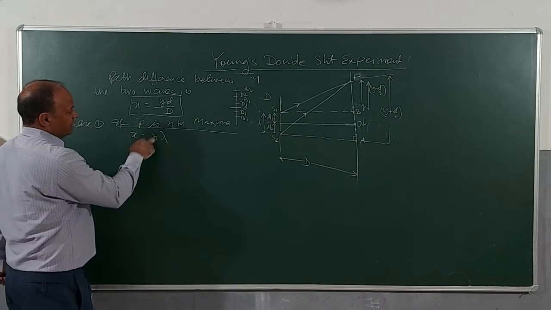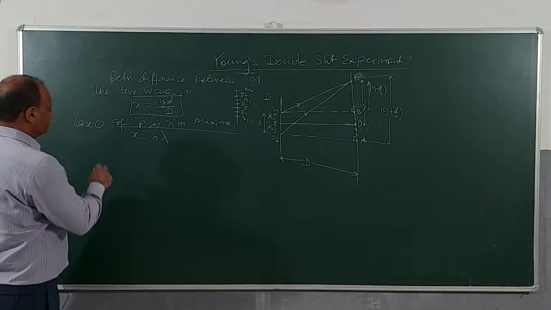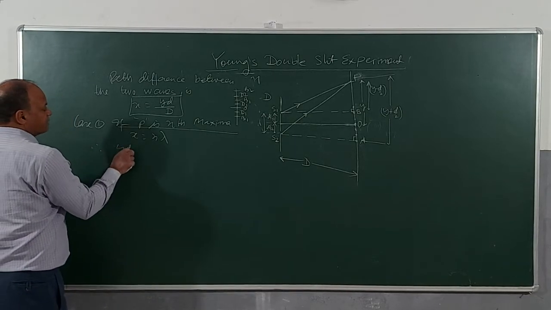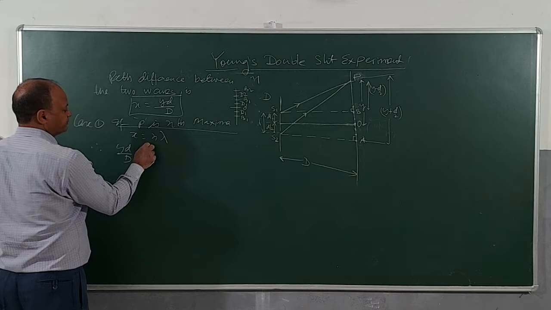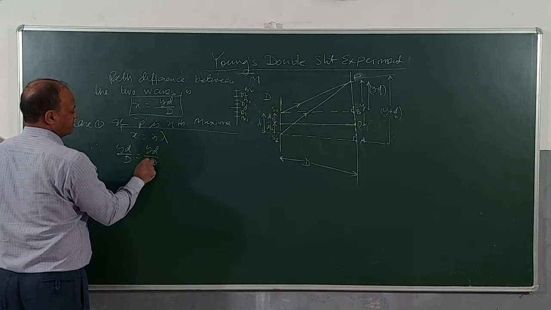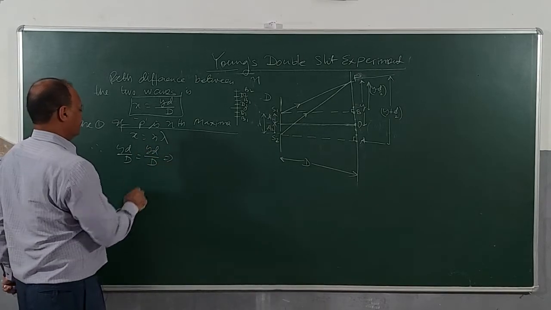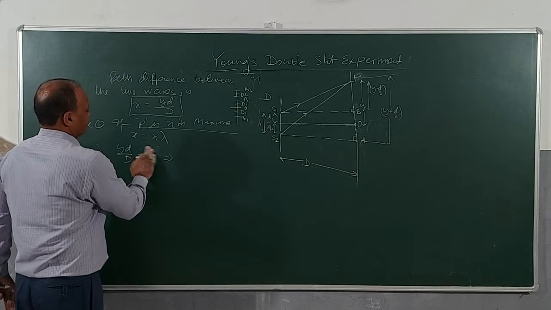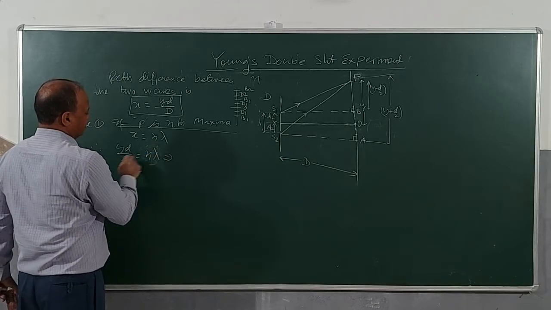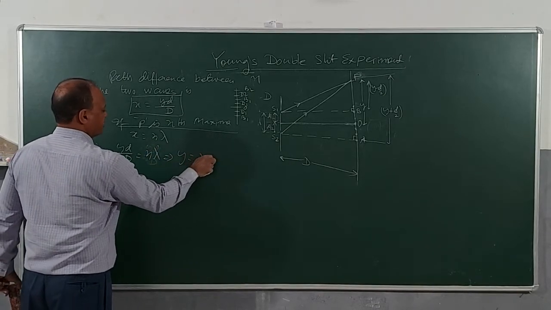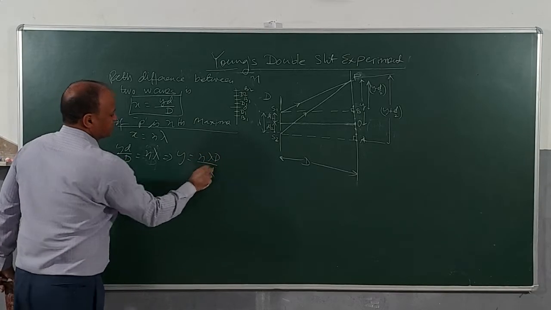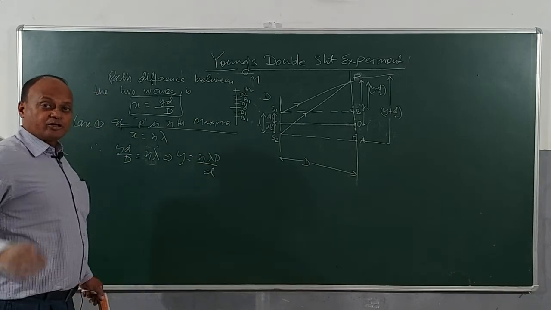So I can equate n lambda with this. Therefore, y small d by capital D is equal to n lambda. If you cross multiply, then y is equal to n lambda D by small d. So we come across a very important result.